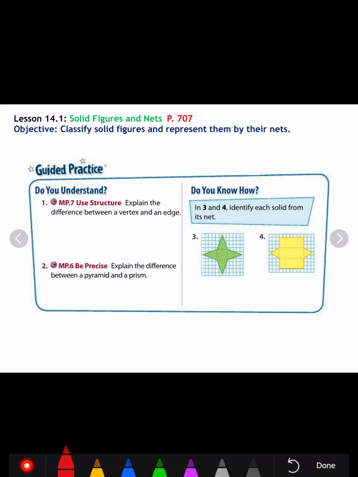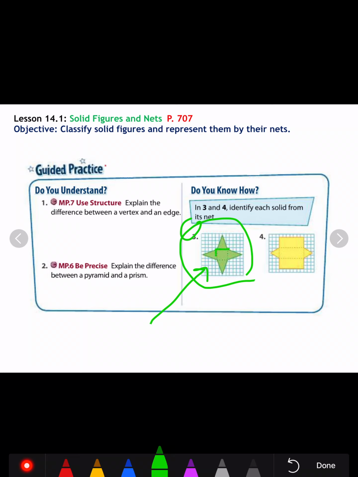Here in number 3 and 4, for example, identify each solid from its net. Here, number 3, we can see that we have one square and 4 triangles. So this means the base is a square and all the faces are triangles. This reminds us of the square pyramid.